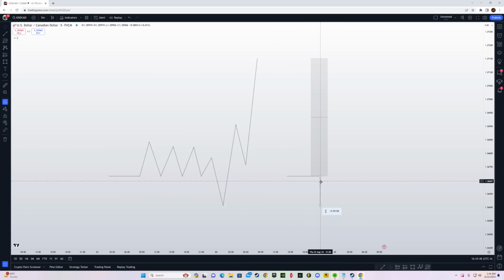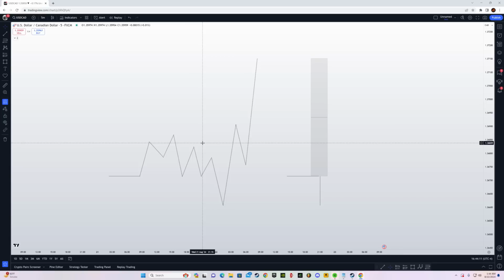When the new daily candle opens, you just mark out the opening price of that candle. So this is the opening price. When we have the opening price and the price is accumulating, we first need to measure where the manipulation is.